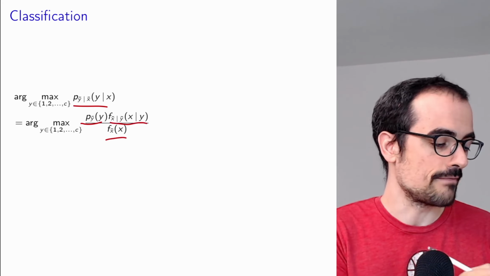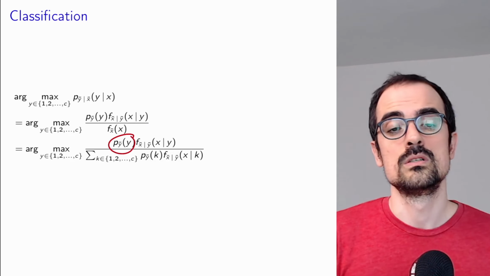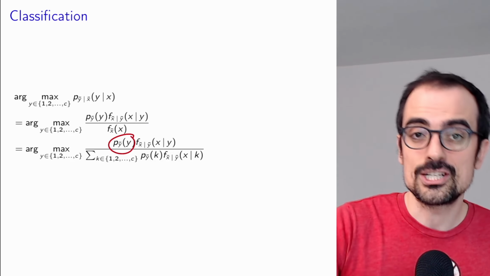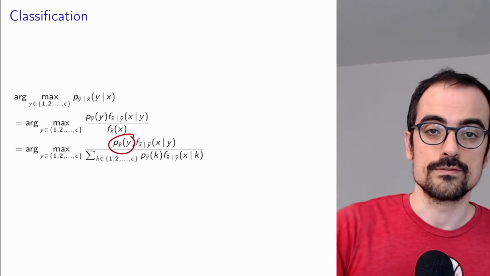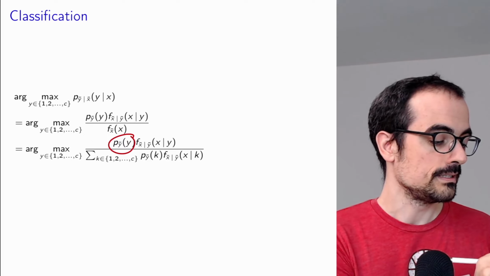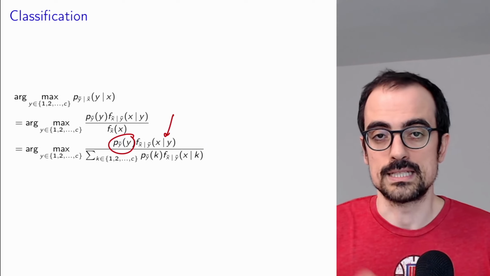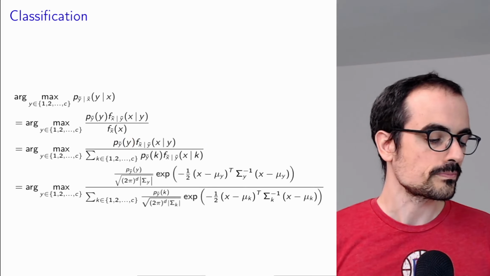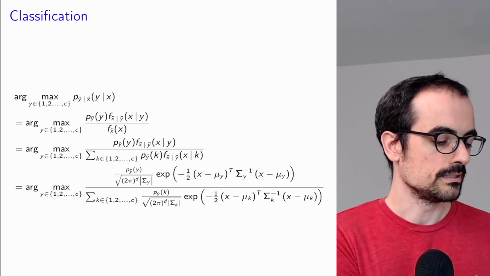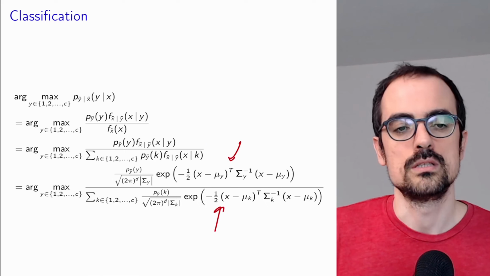And now we have everything here, right? Because we know the fraction of data corresponding to each of the classes, and that gives us the marginal PMF of the class. These are all Gaussians with parameters that are, again, estimated from the data, as I just showed you.